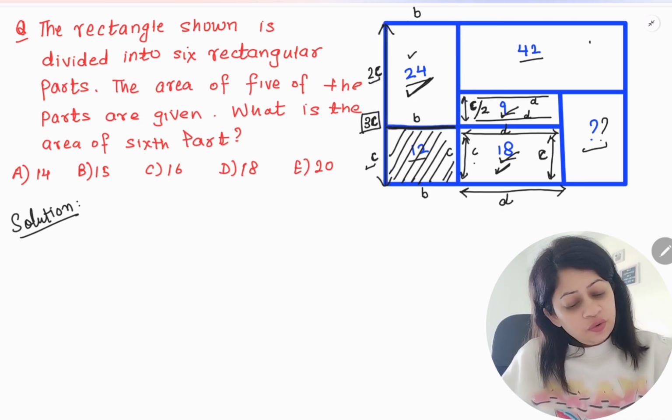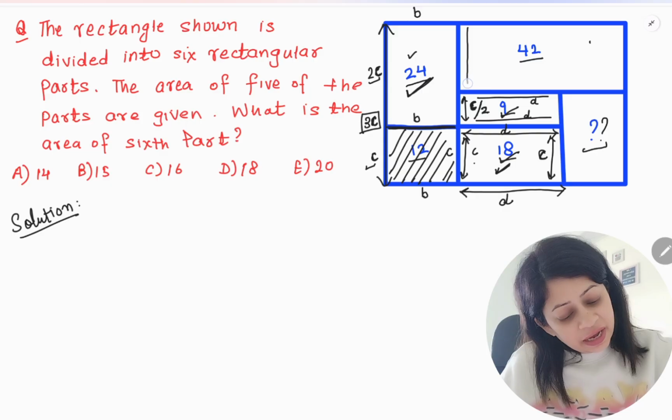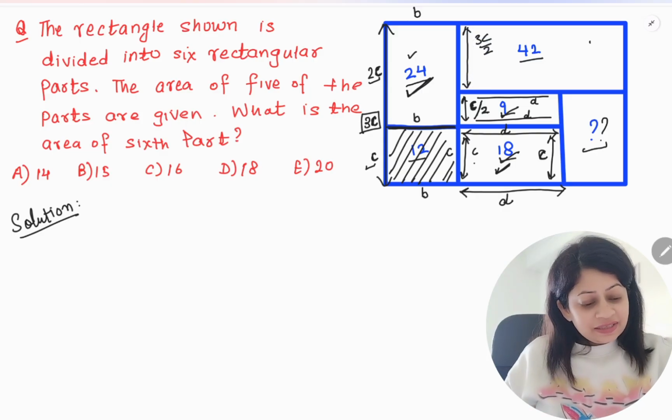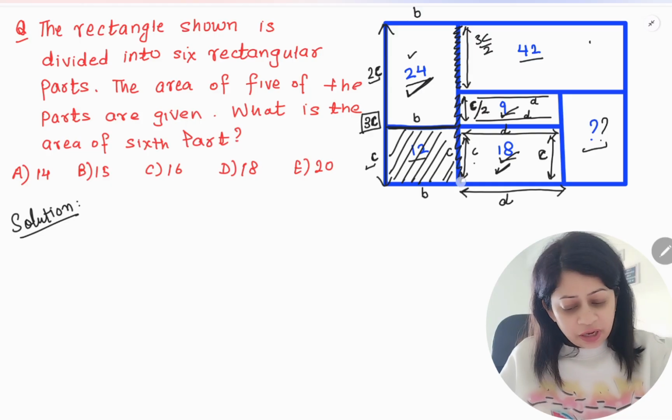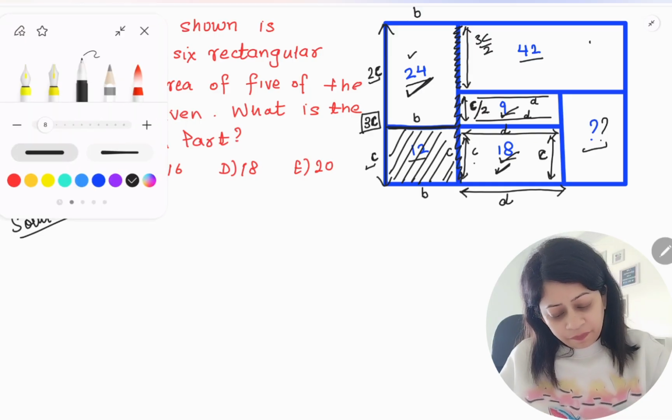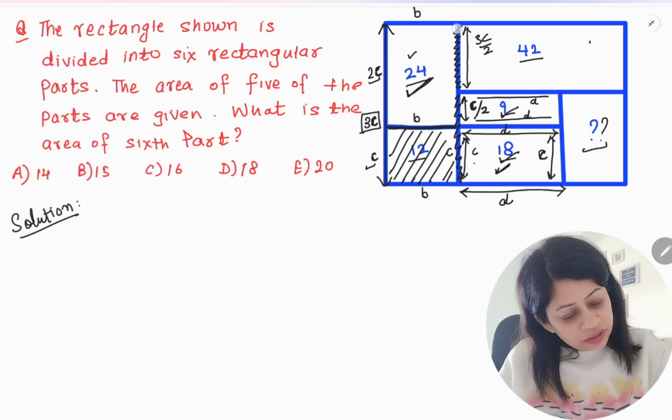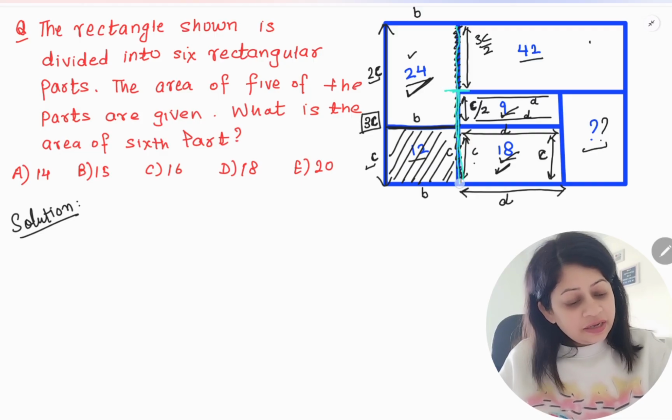So what will I do? I will write this remaining as 3C by 2. So now we are solving this question. That means this side and this side are equal. Okay, I will highlight it. So this side and this side are equal.